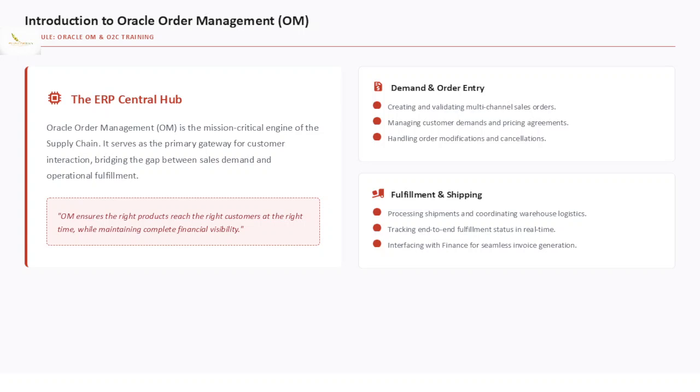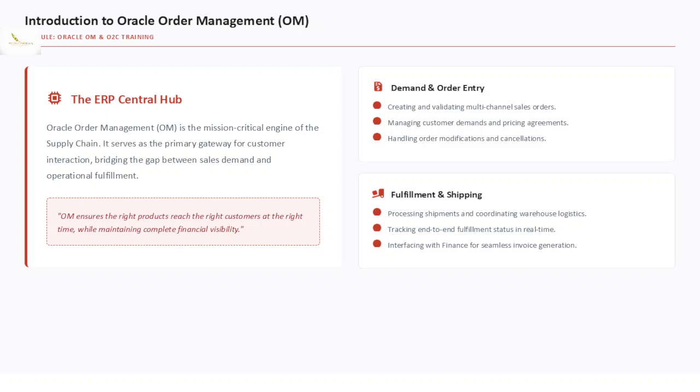This training today is about Oracle Order Management. Oracle Order Management, also called OM, is one of the most important modules in the entire Oracle supply chain ecosystem. It acts as the central business engine responsible for customer sales orders and fulfillment coordination.